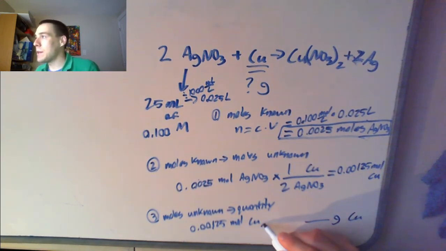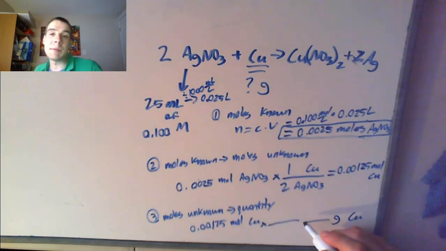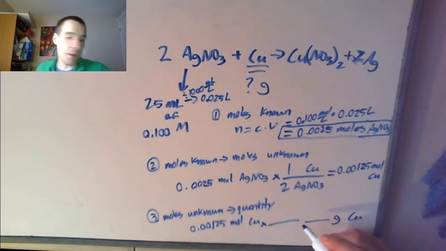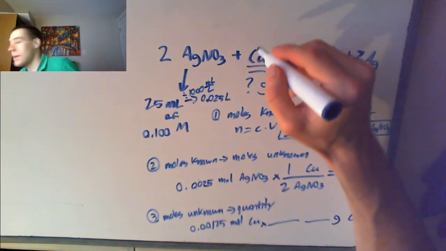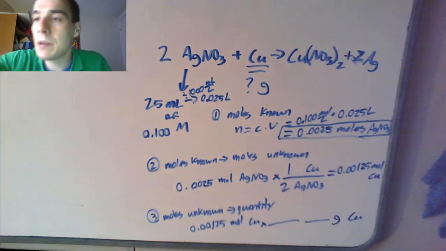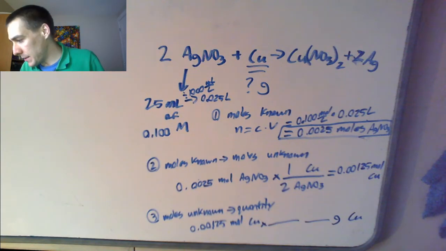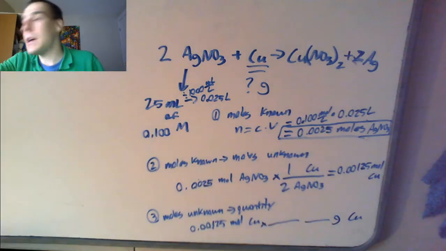We're going to go through the grams per mole. If I look up copper, I'm going to find my table here. Copper has a molar mass of 63.55.